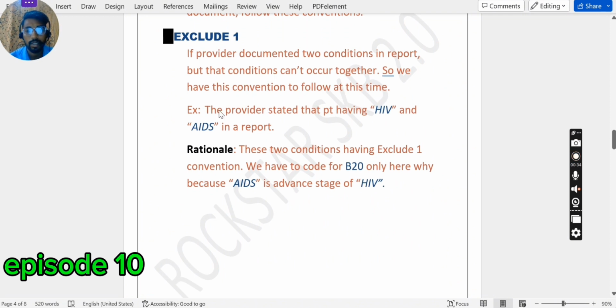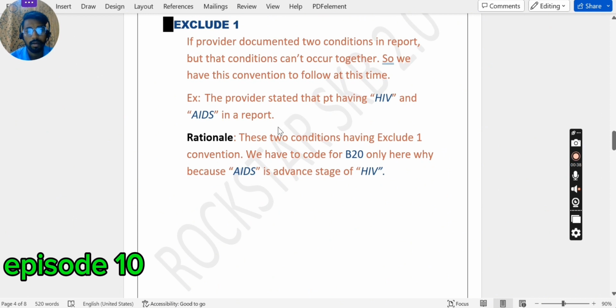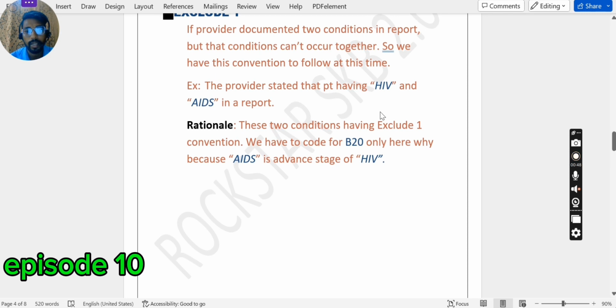For example, the provider stated the patient has HIV and AIDS in a report. In ICD, we have Excludes1 for these two conditions. So at this time, we have to go by B20 because AIDS is the advanced stage of HIV.